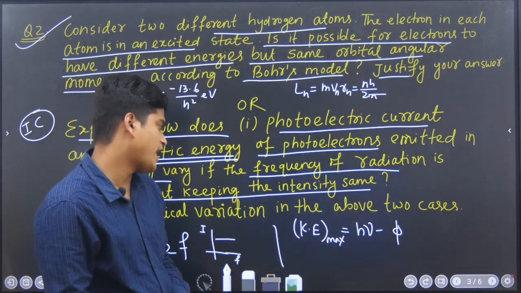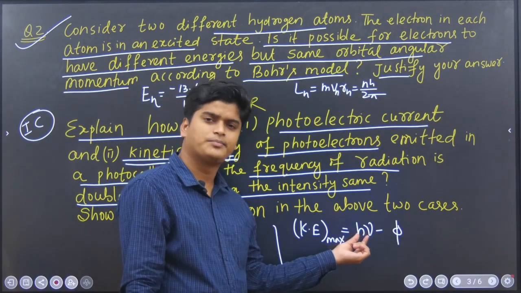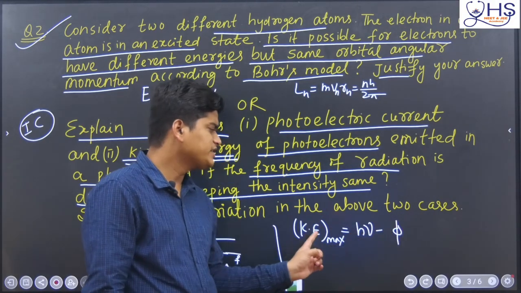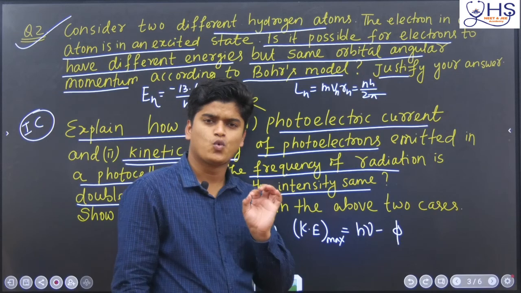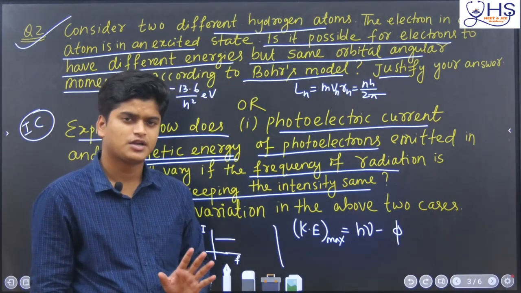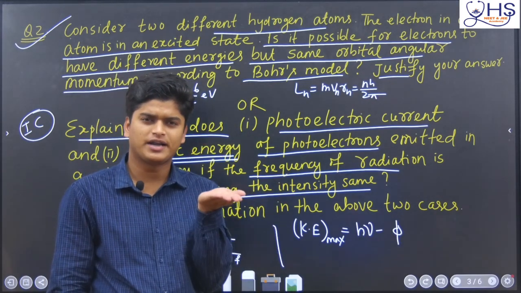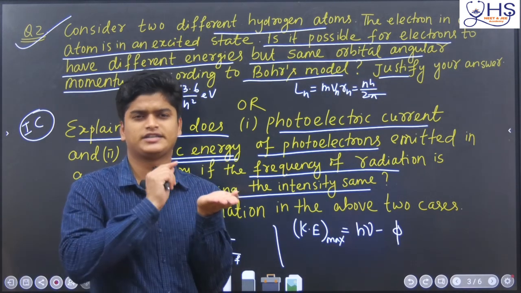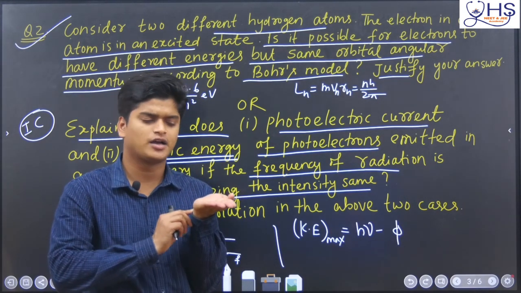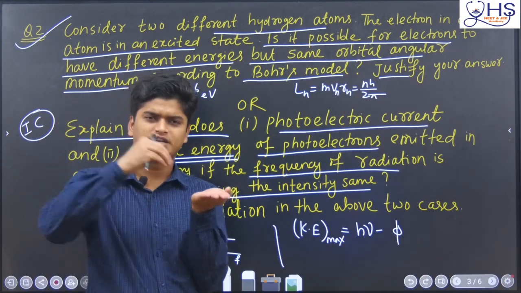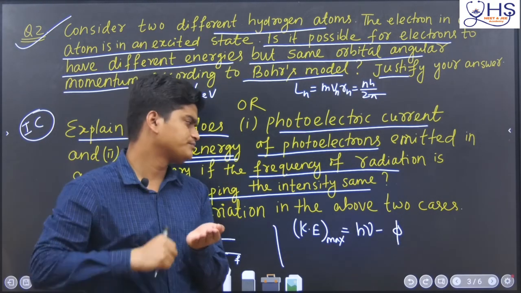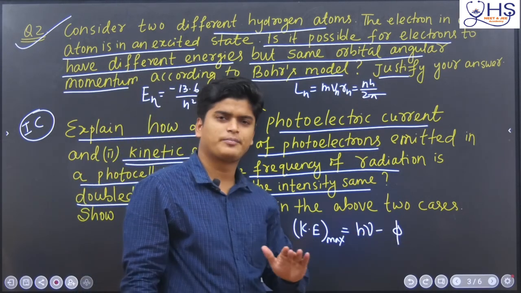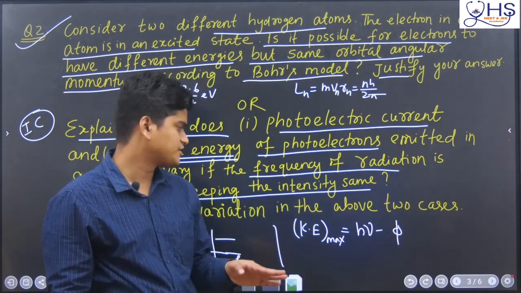Here h nu is the incident photon energy, and phi is called the work function of the metal. This is fixed. Suppose it is copper metal, then the copper work function is fixed, it is the energy value needed to emit one electron. With that much energy you give, one electron will be emitted. So this will be fixed for a metal surface. If you change the metal, then it will change.